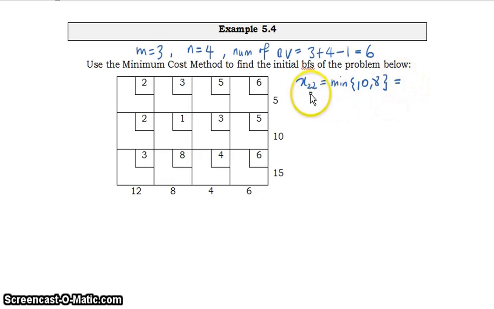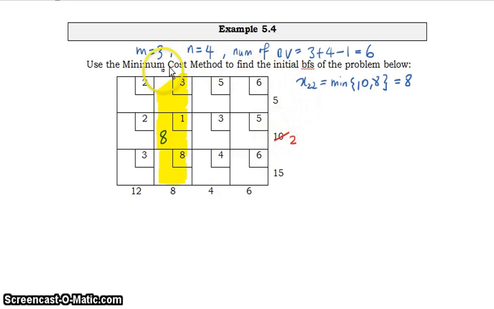The value of x22 is 8. We write the number 8 here and then we cross out the second column, and then reduce the value of S2 by 8. Then we get 2 here.